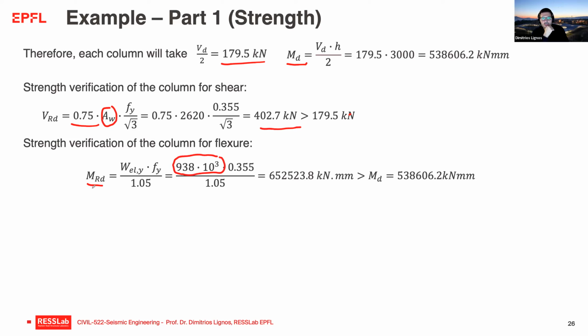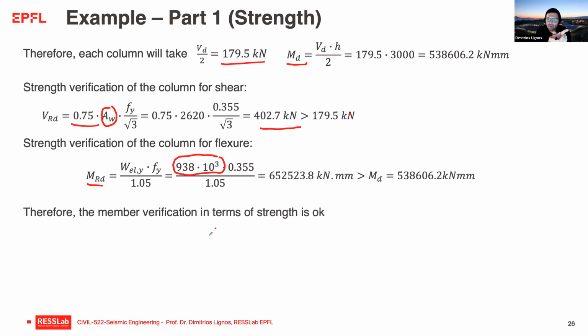If you make a substitution here, the MRD is simply equal to 652,523.8 kilonewton millimeters, which is larger than the corresponding MD that I computed based on the seismic action. So that tells me that the member verification in terms of strength is okay. And in principle, if I was worried only about strength, as we've done so far, the situation would have been okay.